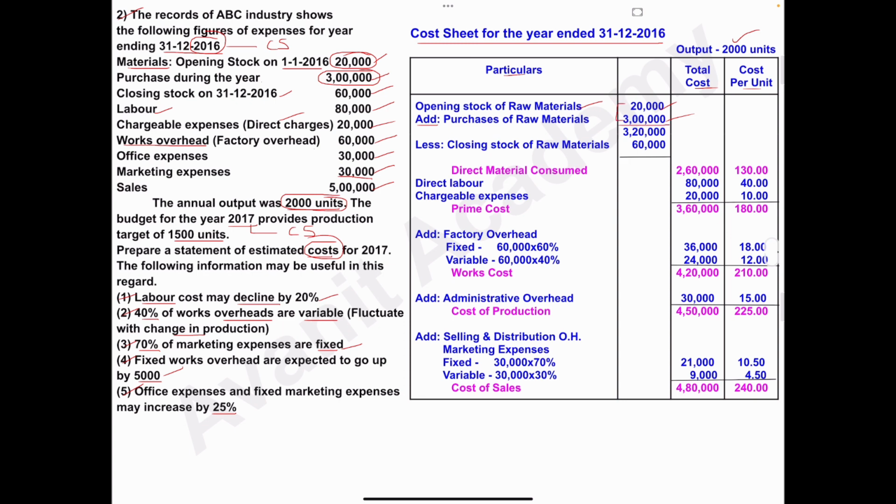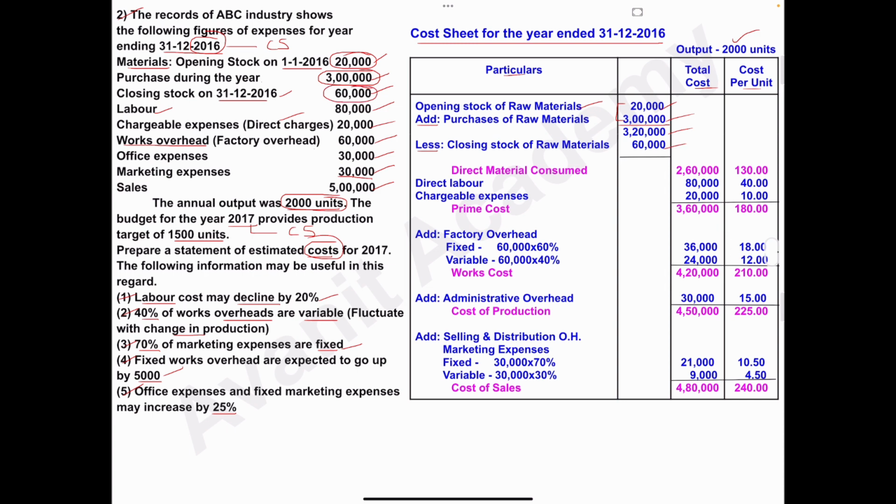20,000 plus 3 lakh, and the total is 3 lakh 20,000. Next, less closing stock of raw materials. Closing stock of raw material on 31st December 2016, 60,000.